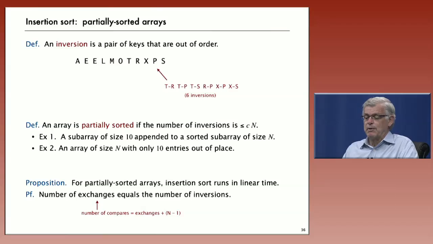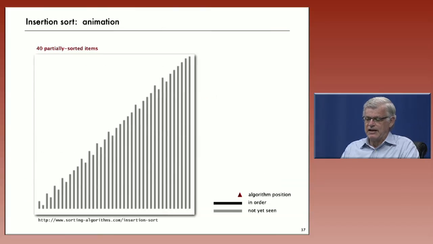And what's interesting about insertion sort is that it runs in linear time for partially sorted arrays. The proof is that the number of exchanges is equal to the number of inversions, and then there's an extra compare for every element except the first. So let's look at how that looks in the animation.